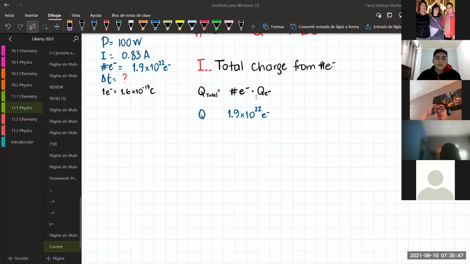So Q total is equal to my total number of electrons times the charge. Each electron has a charge of 1.6 times 10 to the negative 19 coulombs. Or you can leave it like a conversion factor. You can say times, one electron has a charge of 1.6 times 10 to the negative 19 coulombs. In the end, the number of electrons and number of electrons will be cancelled.